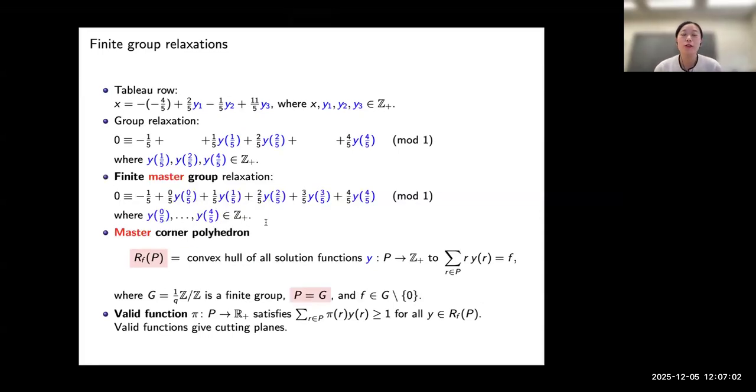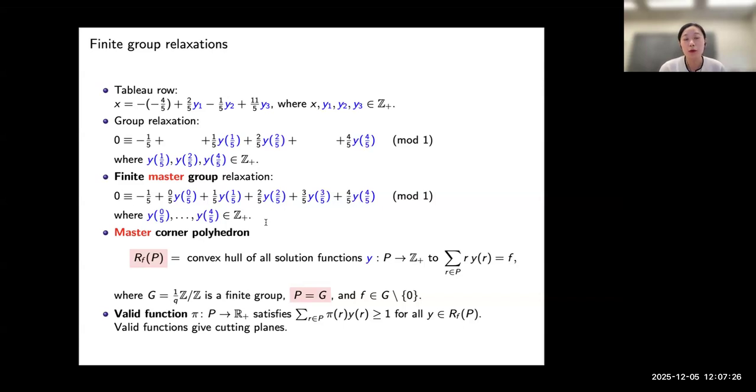So instead of just 3 non-basic variables y, we now introduce every y on a grid of 1/5. The 5 comes from the common denominator of the data in the tableau. This is called the master group relaxation.